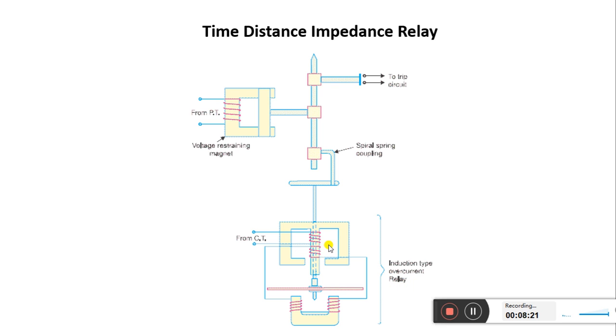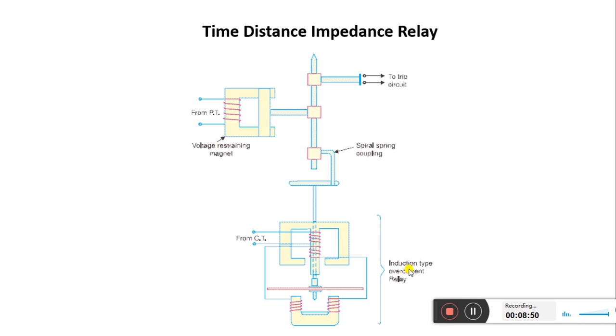In this case also, voltage is applied to this restraining coil, and current is applied to this induction coil. So in normal operating condition, here also the restraining torque developed by this voltage coil will be more than the torque developed by this current coil or operating coil.